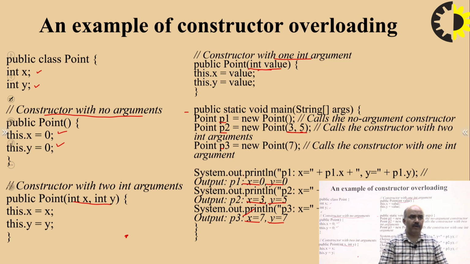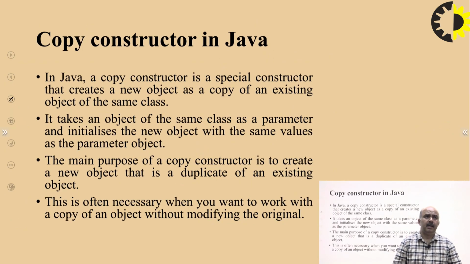Overloading is another object oriented concept where we can have different parameters defined for the same method. Now, come to the copy constructor, which is another special type of constructor in Java.